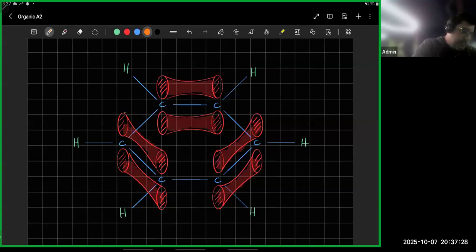So this p orbital also can decide to overlap or merge with the one on top, right? So eventually they all start to overlap. These two in the middle can overlap. It's like one big pi bond.